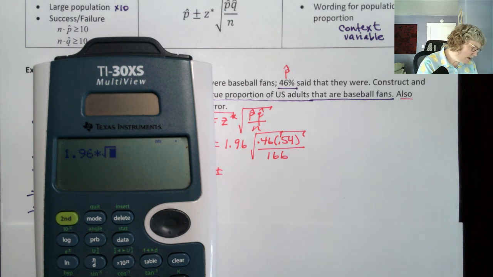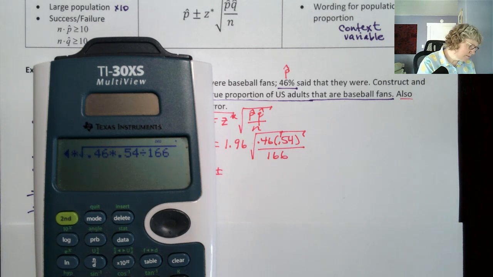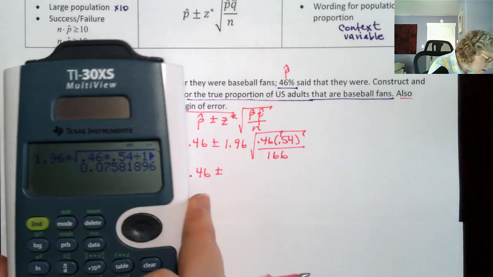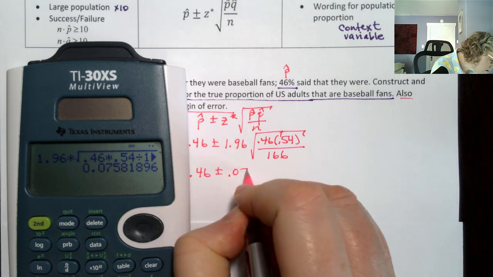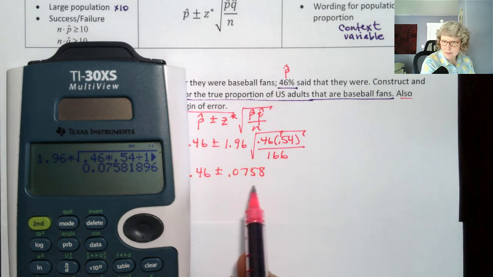Times the square root of 0.46 times 0.54, or remember you can do the parentheses 1 minus 0.46, divided by 166. Okay, and this is giving me 0.0758, plus or minus 7 to 8%.